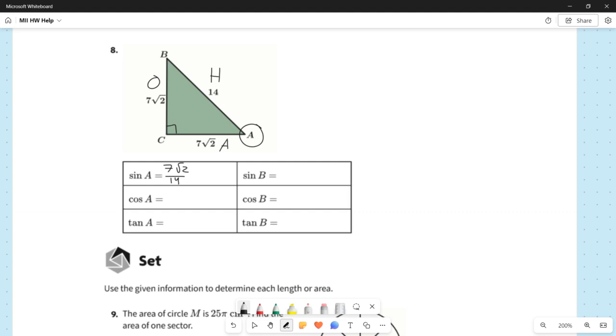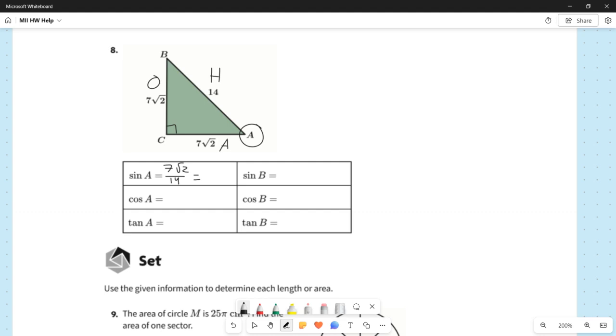To reduce 7 over 14, we'll notice that the GCF is 7, because 7 goes into 7, and 7 goes into 14. So what that means is 7 over 14 reduces to 1 over 2. Now that 1 is essentially a placeholder, and because we also have the root 2, we don't really need the 1.